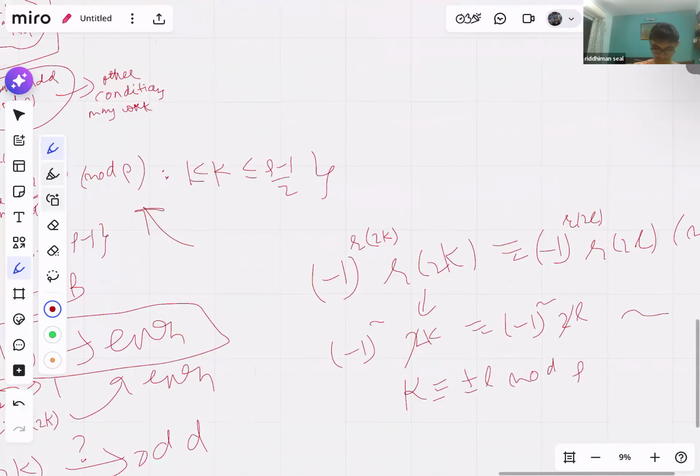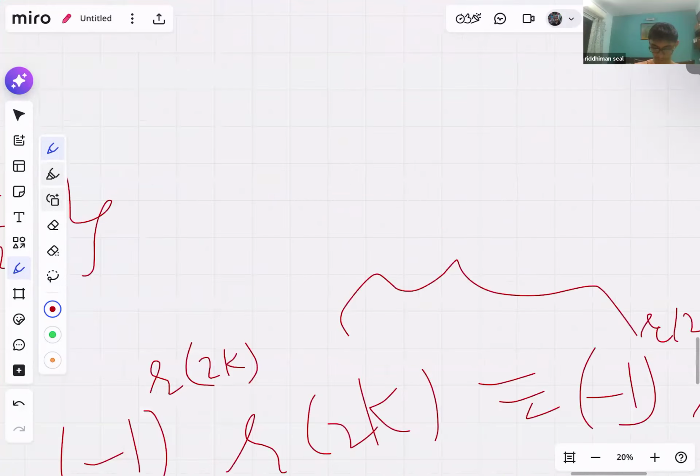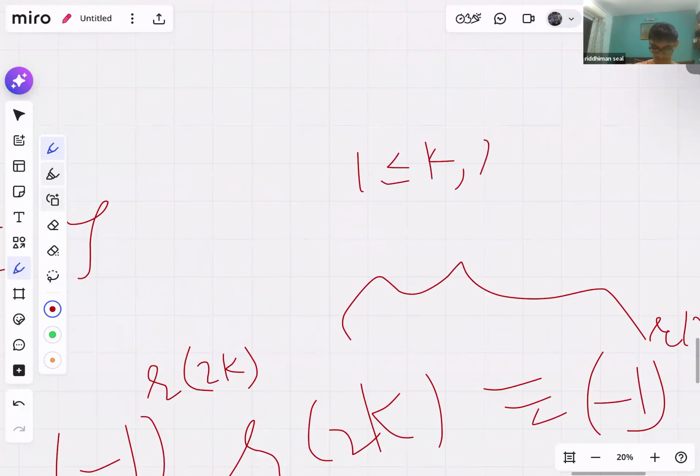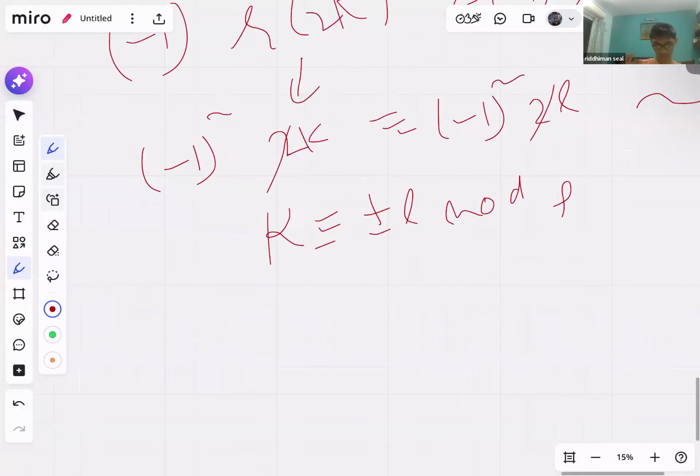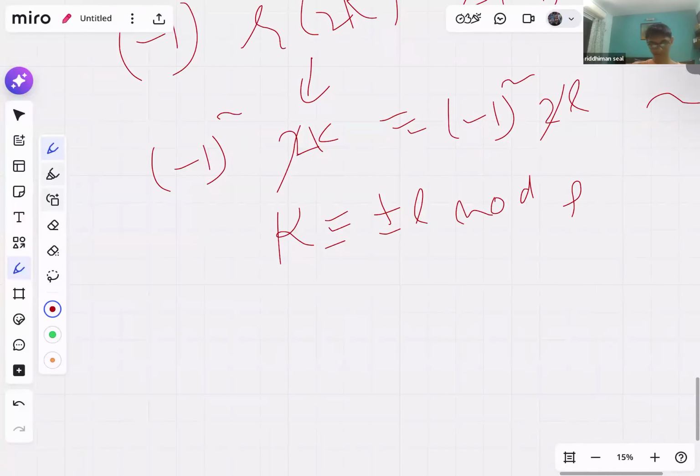Except here the bounds are that k and l are from 1 to p minus 1 by 2, because we are taking 2k and 2l, and that has to be within 1 to p minus 1, right? So you have k is congruent to plus or minus l mod p.